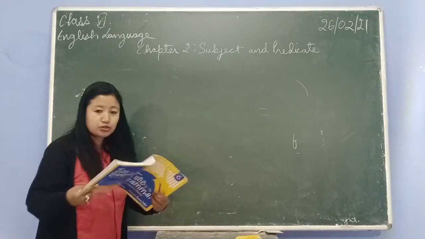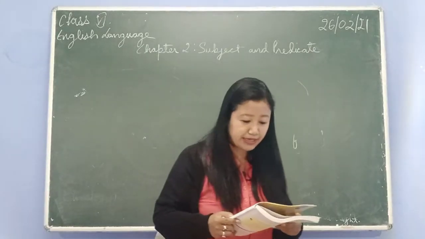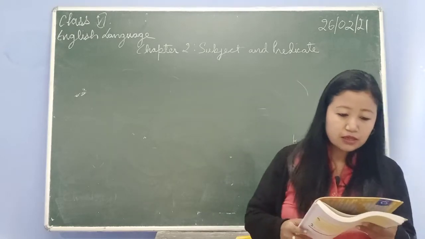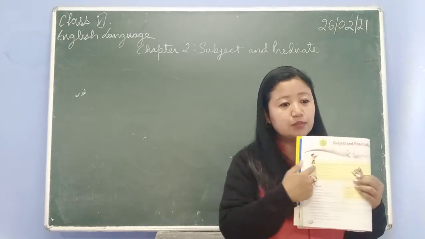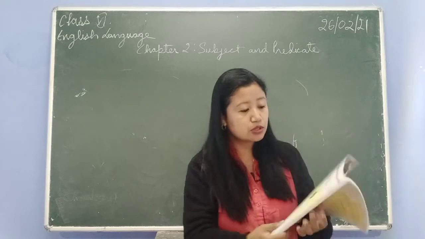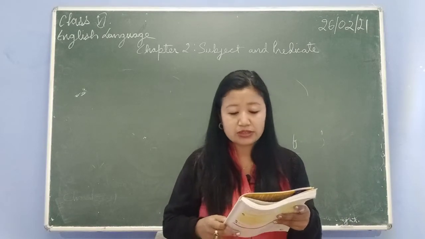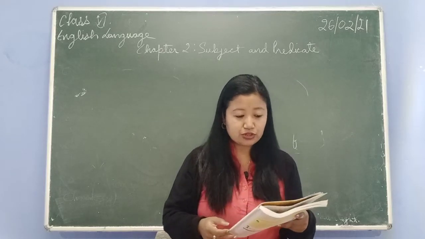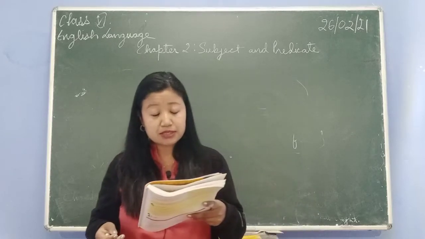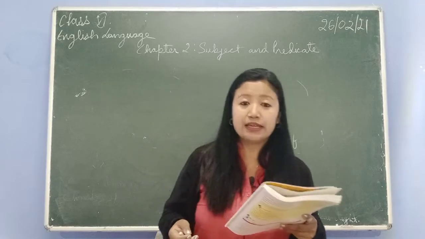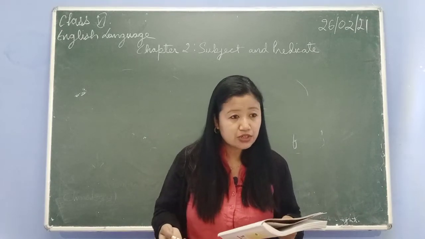Now go to your books, page number 8. In the yellow box, read these sentences and underline the person or thing that is doing the action. So number 1, Mrs. Shah teaches us English. Who teaches you English?